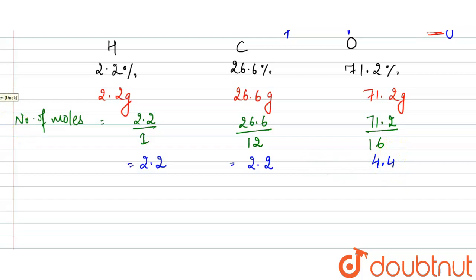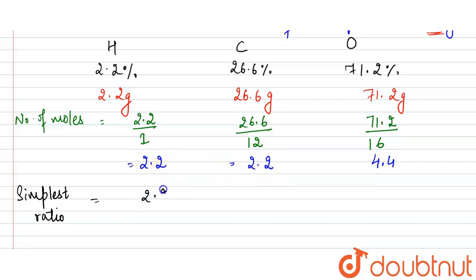Now to calculate the empirical formula, we need to calculate the simplest ratio. Simplest ratio is the number of moles calculated divided by the smallest number. Here our smallest number is 2.2.